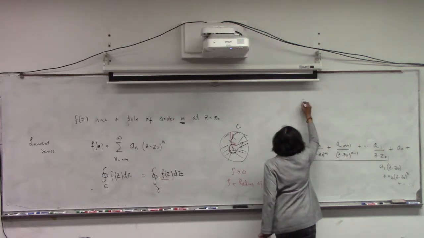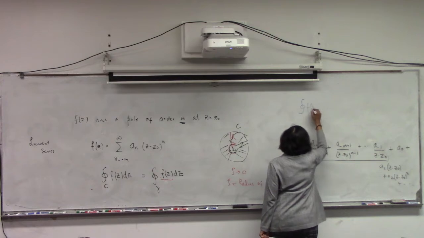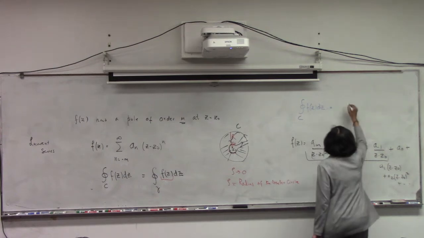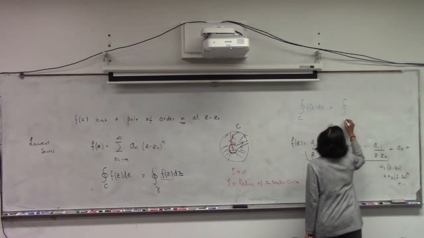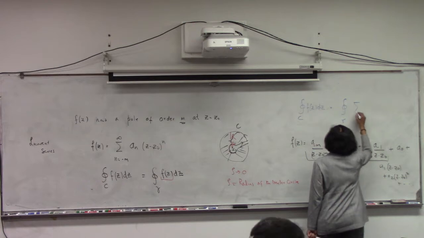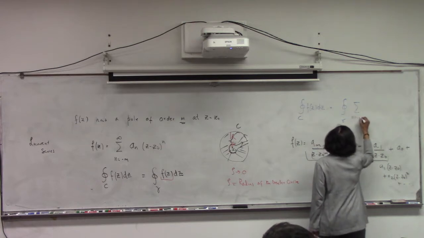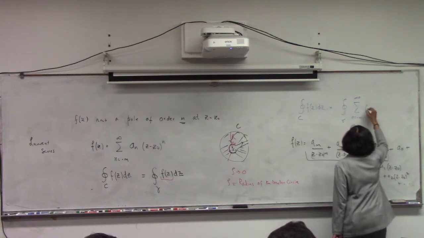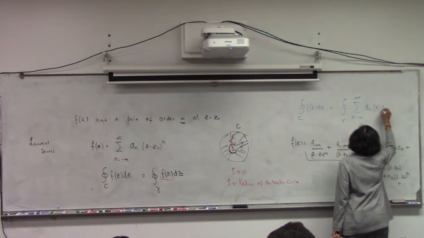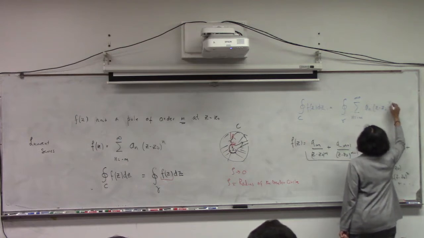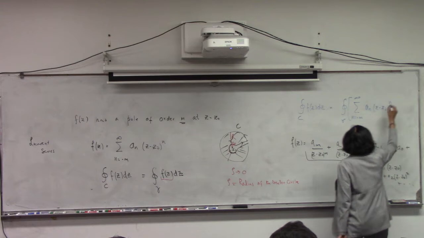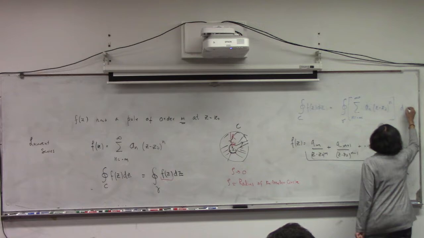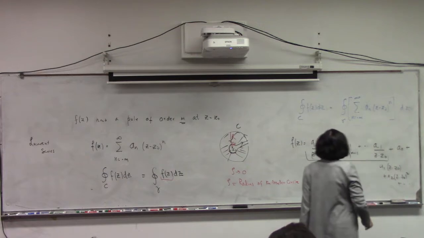So f of z dz is in this case nothing but the sum from n equals minus infinity to plus infinity of a sub n times z minus z naught to the n. All I've done is substitute for f of z from the Laurent series, and I'm calling it dz at this point.